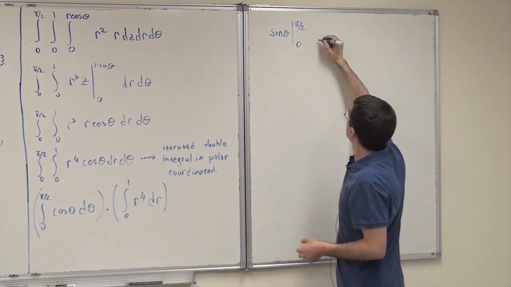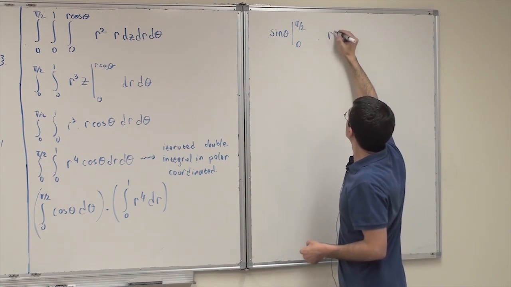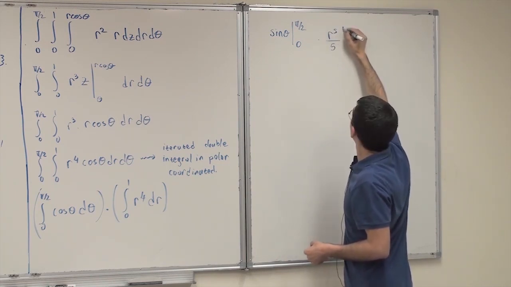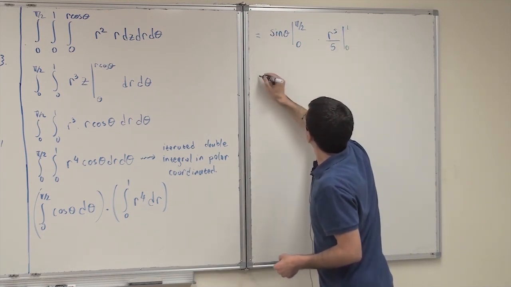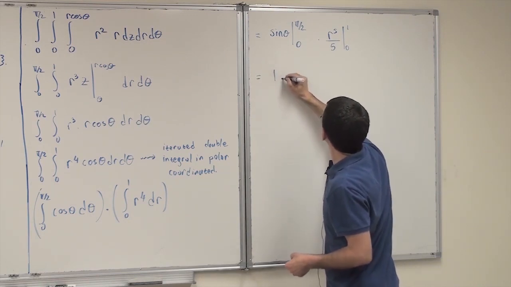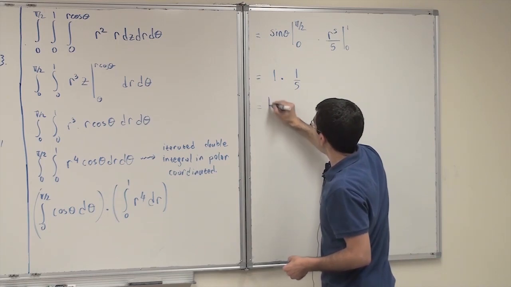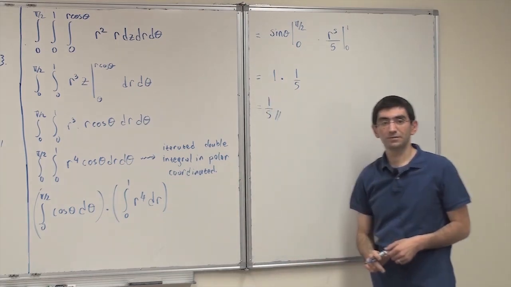And then times integral of r to the power 4, it's r to the power 5 over 5, evaluated from 0 to 1. So sine at pi over 2 is 1 times 1 over 5. So the value of this triple integral is 1 over 5.